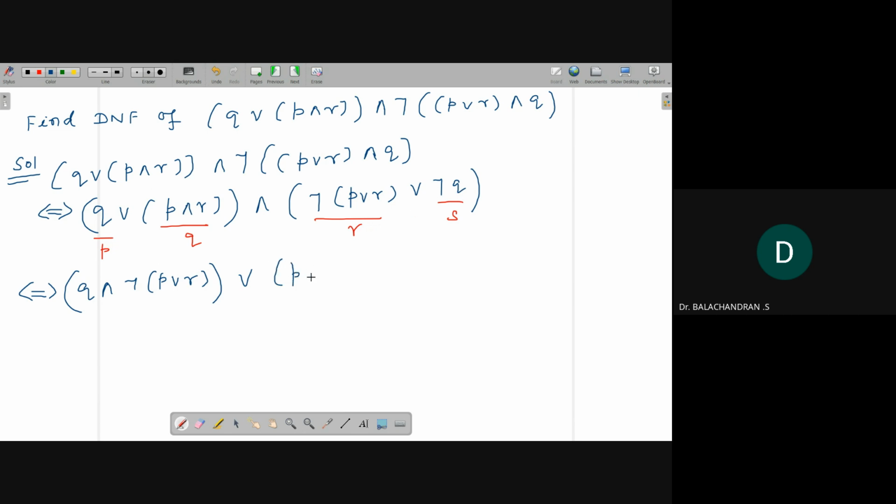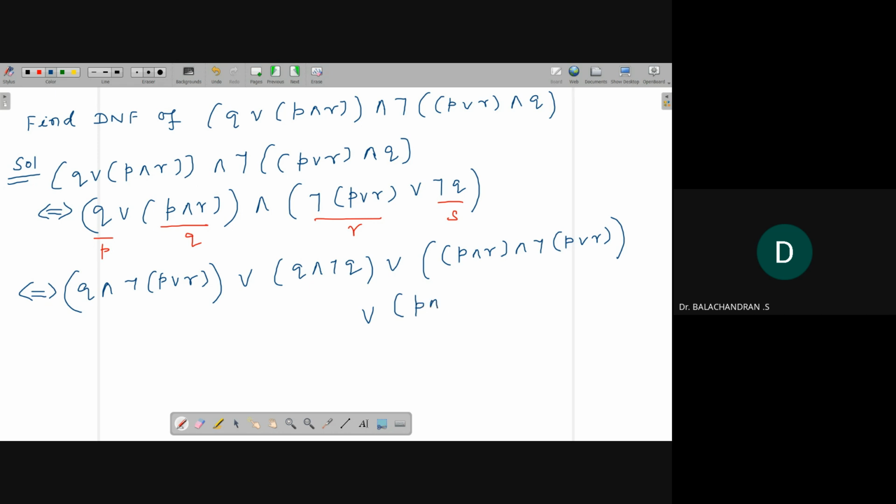P, sorry, Q and negation Q, and then R, and then Q and R. What is Q? P and R, and negation of P R R. Okay, negation of P R R, close bracket, and then R, Q and S.